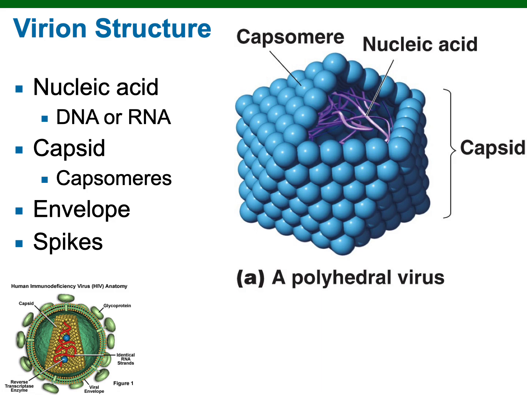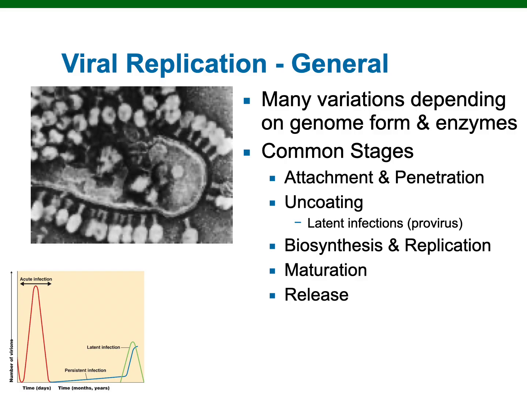Always a capsid, then maybe an envelope, maybe some spikes, maybe some enzymes. It varies. All viruses, though, have to get inside of cells, and then what happens depends upon the type of genome they have and the kind of enzymes they have.